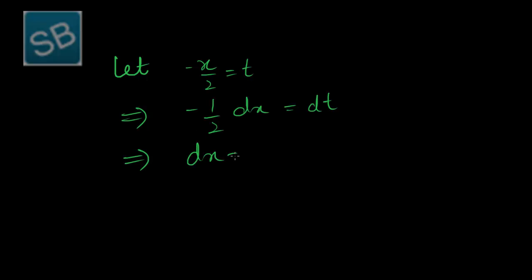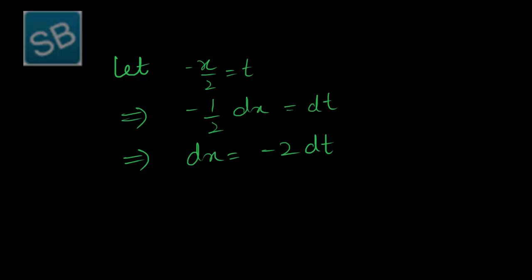So let minus x by 2 is equal to t, as in e raised to power minus x by 2. So it gives minus half dx is equal to dt, because the derivative of x is 1 and dt over dx would become minus half. So we get dx is equal to minus 2 dt.